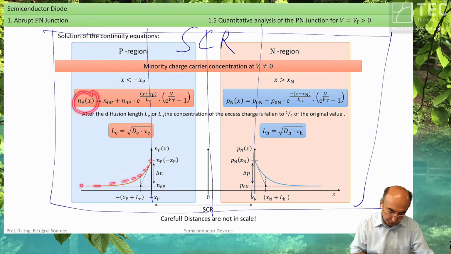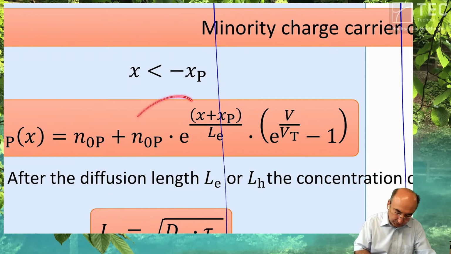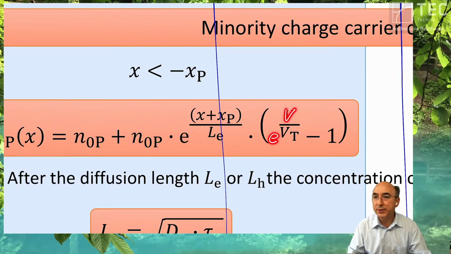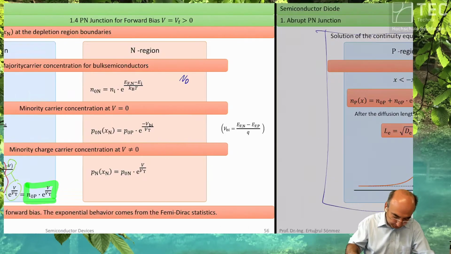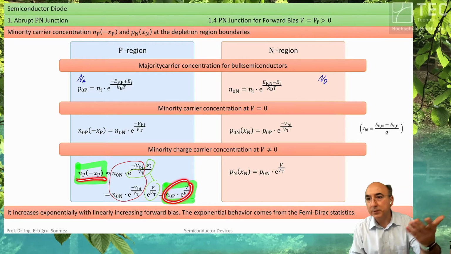This we know. What value does it have? It has at least this level, but it has additionally this level. Now let's take a look at this level. It has two dependencies. One, it has a dependency on the voltage. Yes, sure, because at the boundary, the level is given. That's the boundary condition.